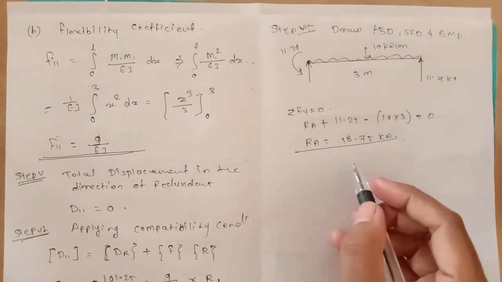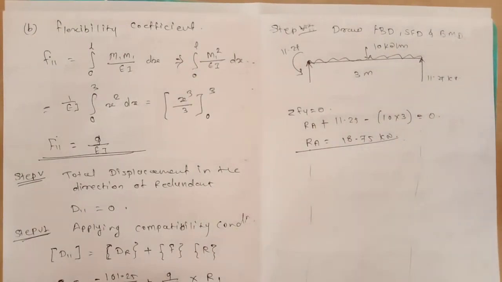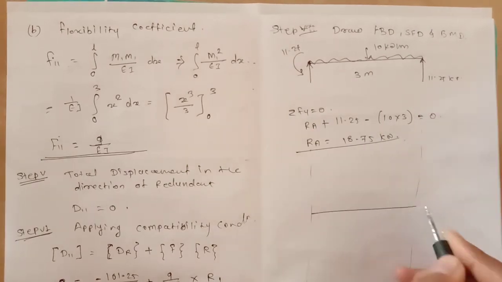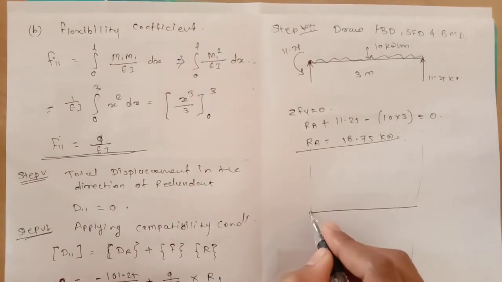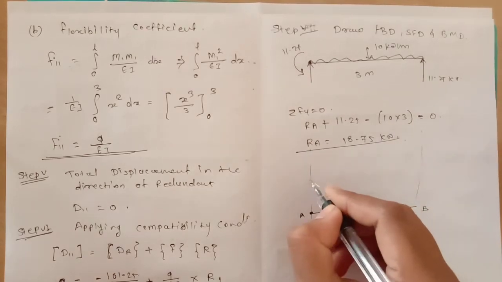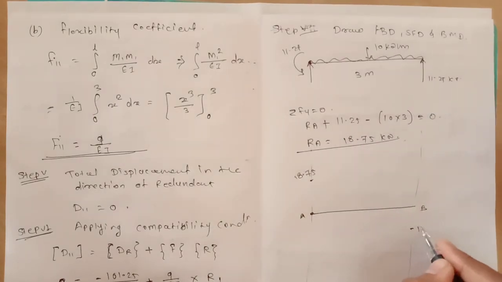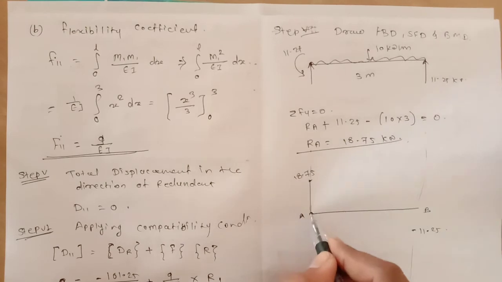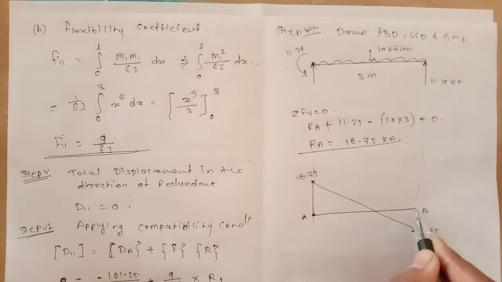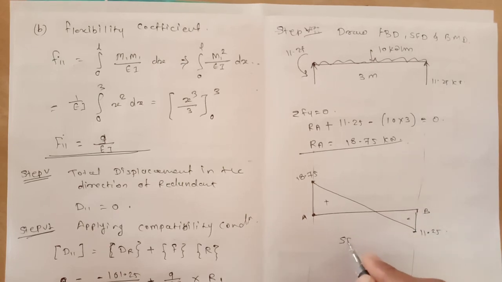From this calculation we draw the shear force diagram. At points A and B, RA is 18.75 and RB is 11.25. So the diagram is like that, positive here and negative here. So this is our shear force diagram in kilonewton.